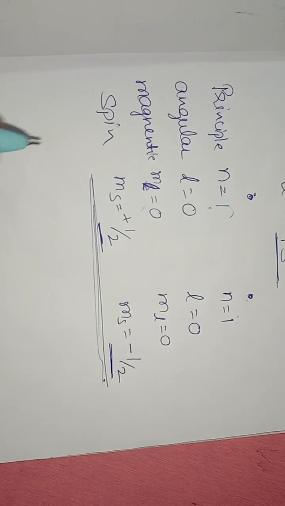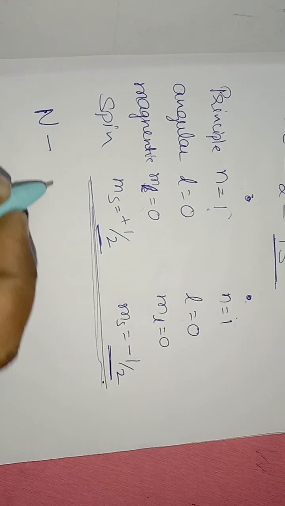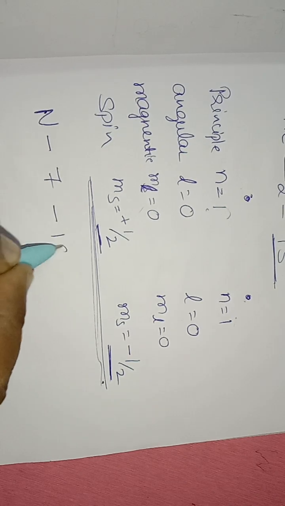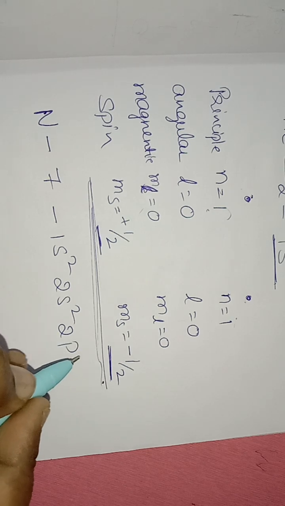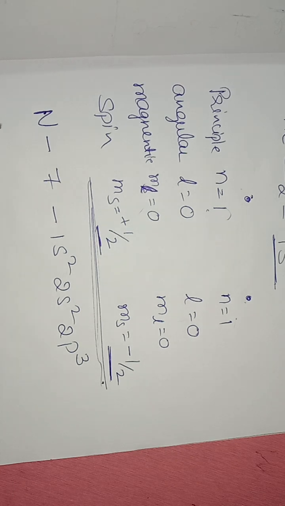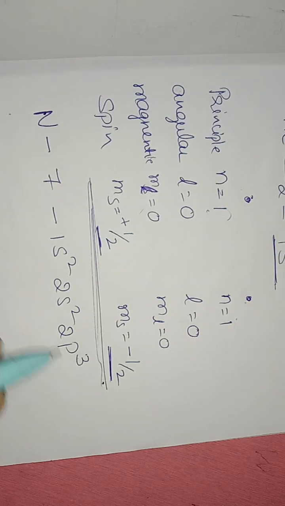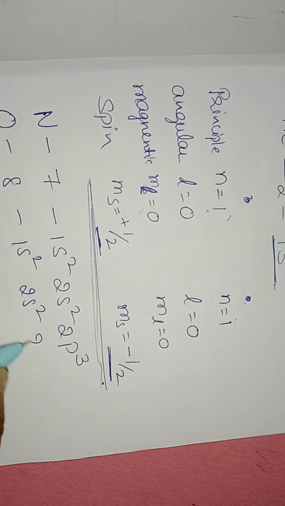Suppose we take nitrogen, which has 7 electrons: 1s2, 2s2, 2p3. For oxygen, which has 8, it is 1s2, 2s2, 2p4.